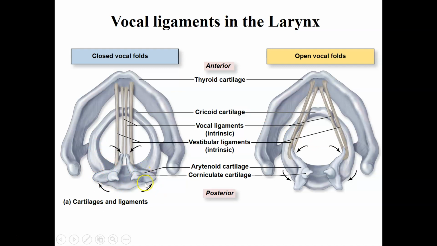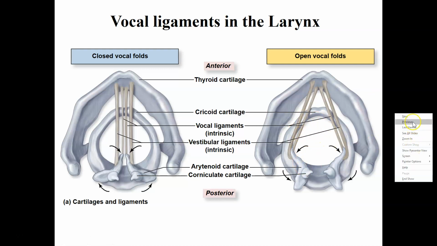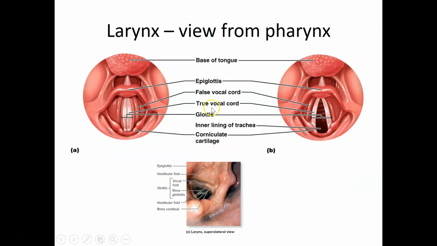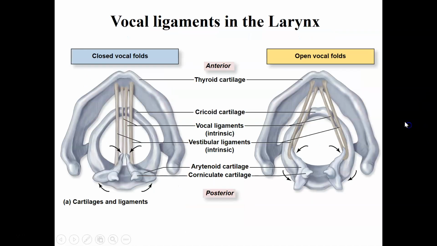This cartilage swivels, and if it swivels inward, that closes the pathway. If it swivels outward, that opens the pathway. By the way, the opening of the pathway is called the glottis. There it is. I was forgetting that one. That's the glottis. So you can open the glottis by muscular action on the arytenoid cartilage.